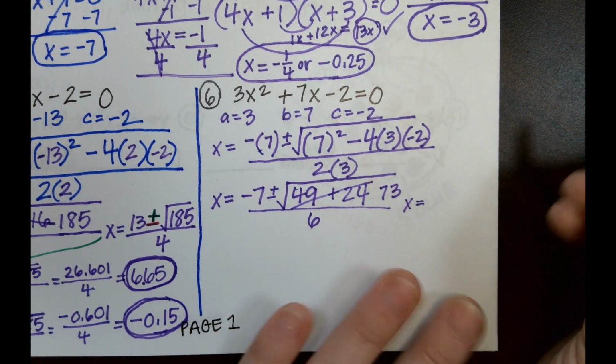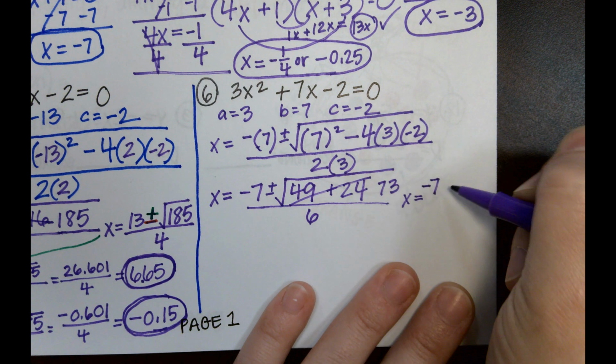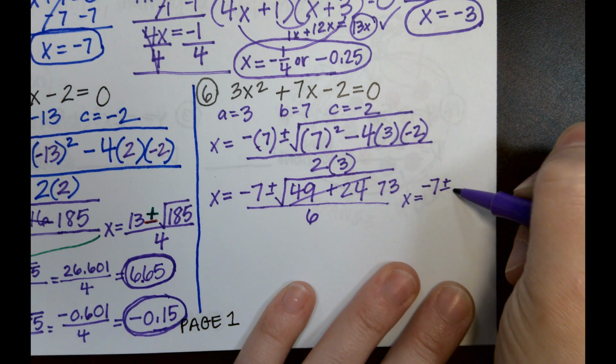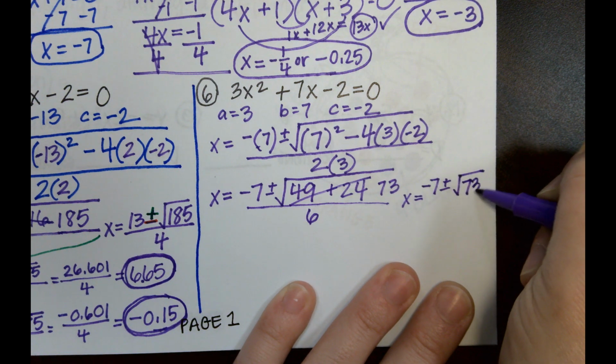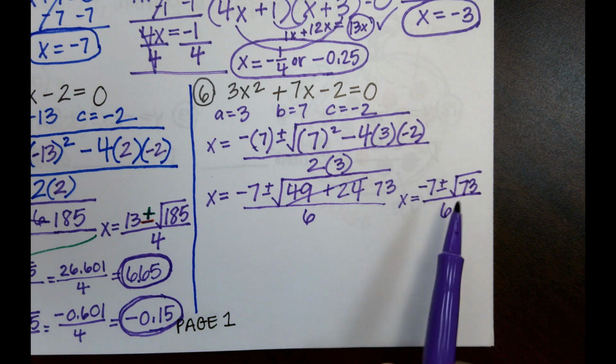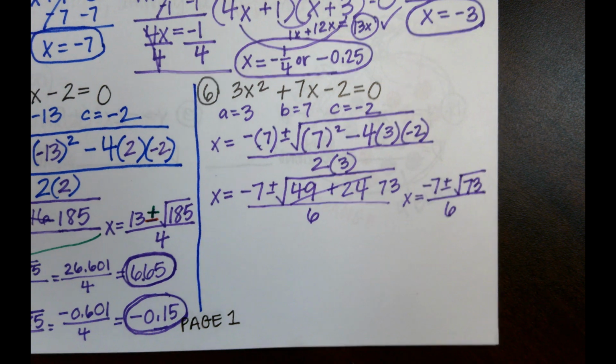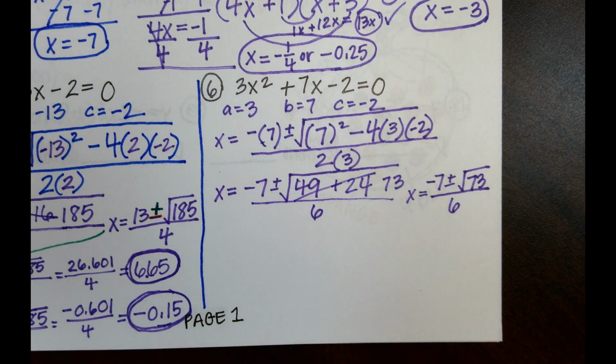Let's write this out nice and neat like we did in the previous question. Now I have x equals -7 plus or minus the square root of 73 divided by 6. Remember, we're dividing everything by 6. Don't just divide one part. It's the whole thing. Once we get to this point, where do we go from here?